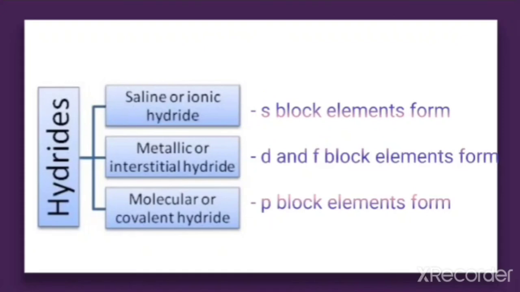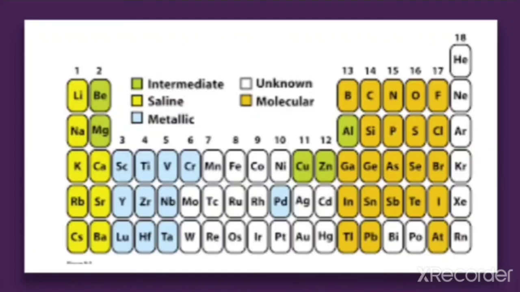That can be very easily seen in this example. S block elements are more electropositive in nature, so therefore they form which type of hydride? They form a saline hydride.